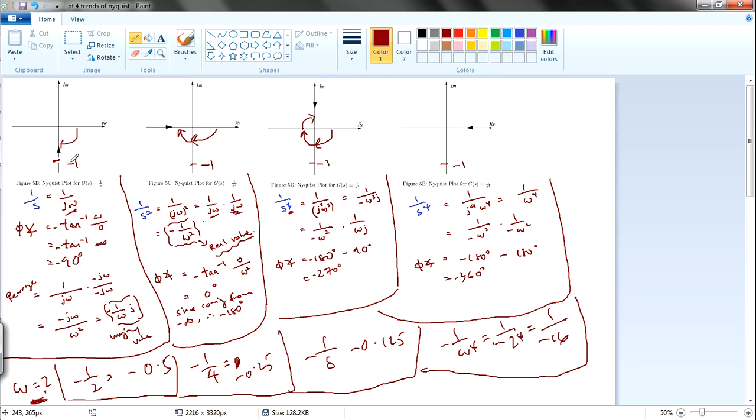If I have omega equals 2, I have minus 0.5 over here. For the second order, I have minus 0.25. For this case, I have minus 0.125. And for this case, I have much smaller, minus 1 over 16.